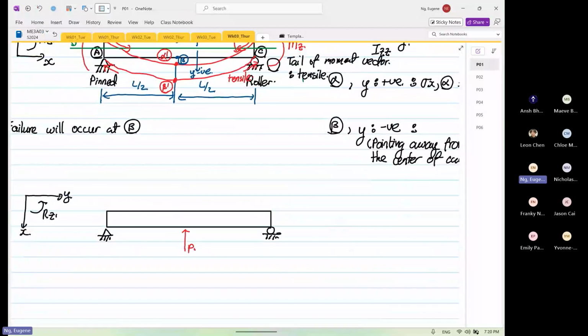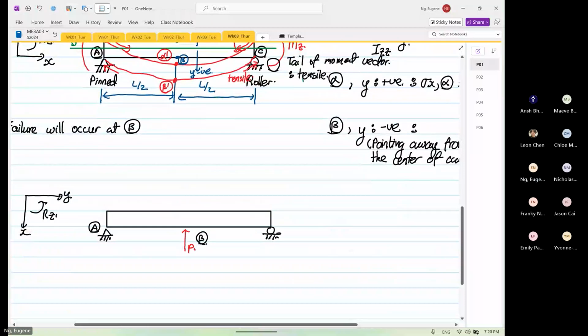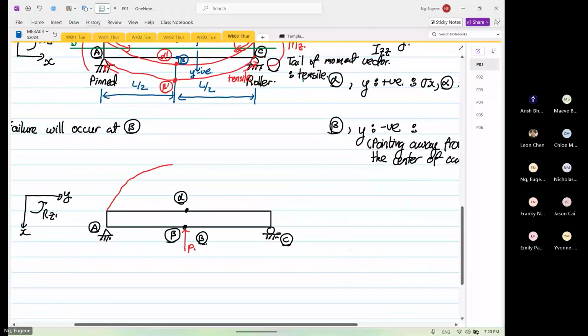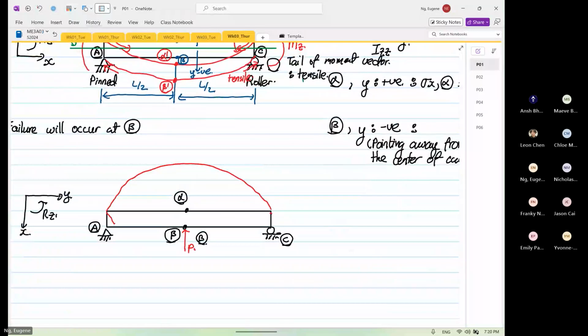Then I'm still going to call this our point A, our point B, and our point C. In this case, this is our point alpha, and this is our point beta. So when you have this, the deformation pattern now will look like this.